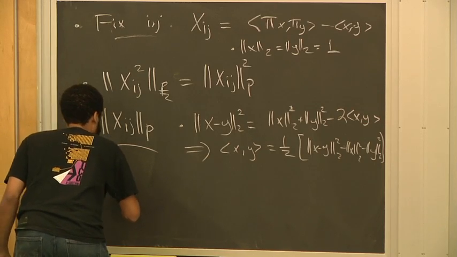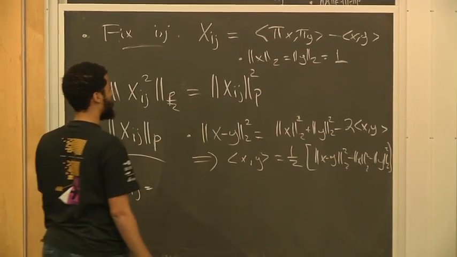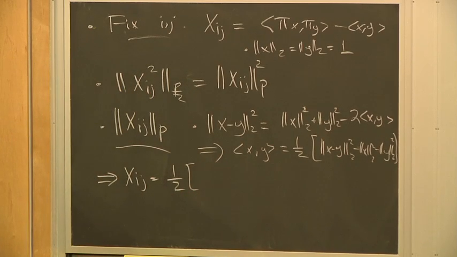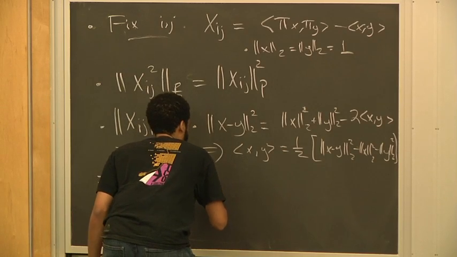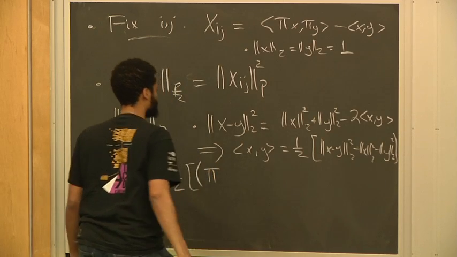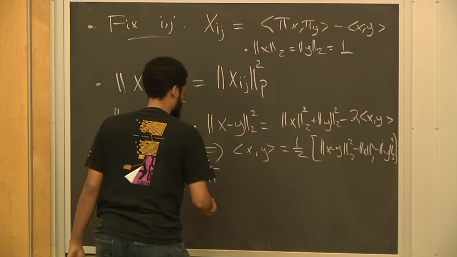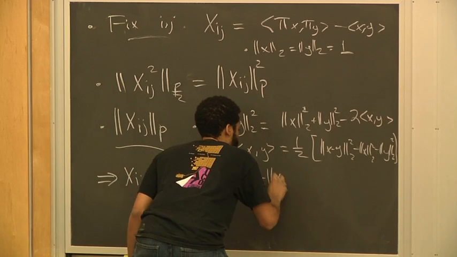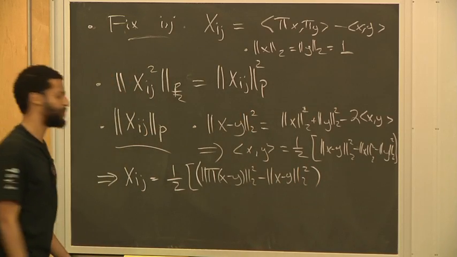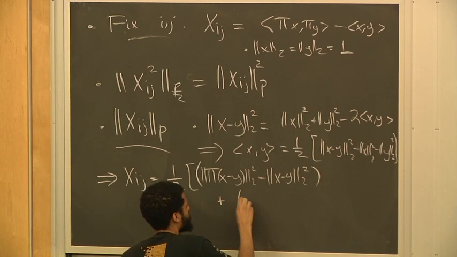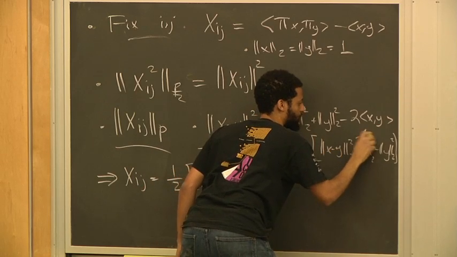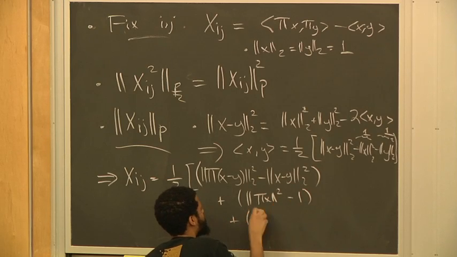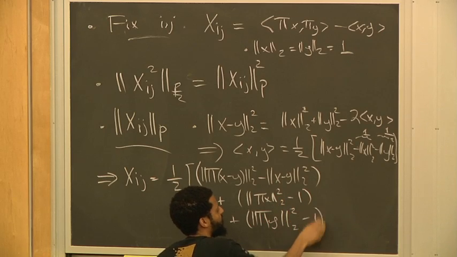So this implies that xij is equal to 1/2 times the L2 norm of pi x minus pi y squared minus the L2 norm of x minus y squared, plus, these are both 1 by the way, plus the L2 norm of pi x squared minus 1 plus the L2 norm of pi y squared minus 1.